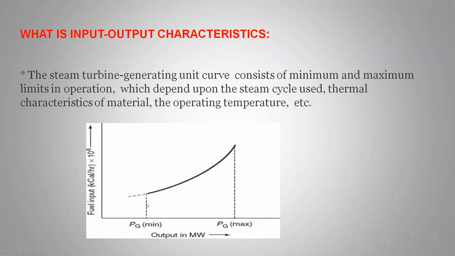These are the minimum and maximum operating limits. This is fuel input. The units are kilocalorie per hour into 10 to the power of 6. Output units are megawatts. This is the input-output characteristic.